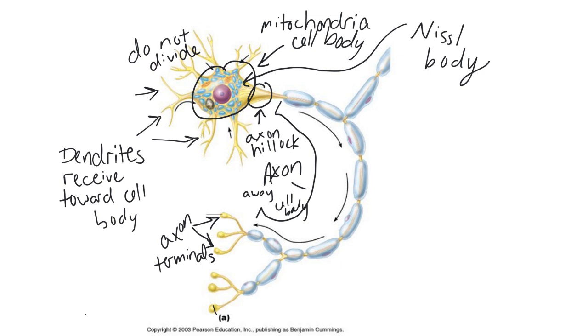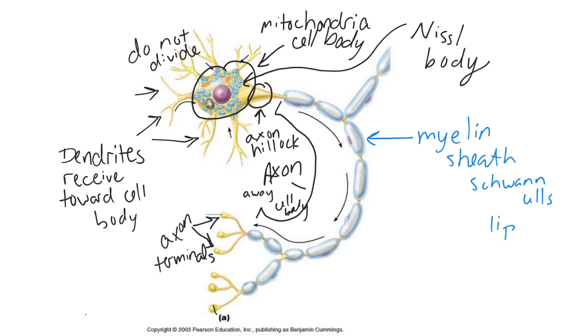So let's look a little closer at this axon structure while we're on this larger diagram here. In the axon here, that's our myelin. If you remember from the previous video, that's part of the myelin sheath. Remember, it's formed by those Schwann cells. And that myelin is made out of a lipid, which is a fat, which acts as an insulator.